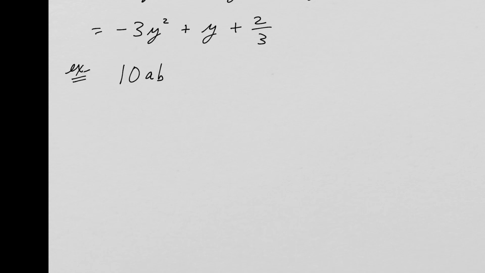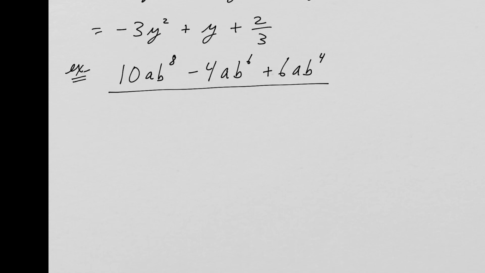Okay, 10ab to the eighth minus 4ab to the sixth plus 6ab to the fourth, all divided by negative 2ab to the fourth.